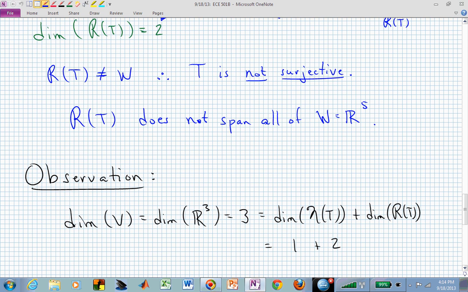That's the observation. The dimension of our domain, V, which was R3, is 3. And that, in this example, is equal to the dimension of the null space of T plus the dimension of the range space of T. And remember where these are living. The null space of T is a subspace in what vector space?